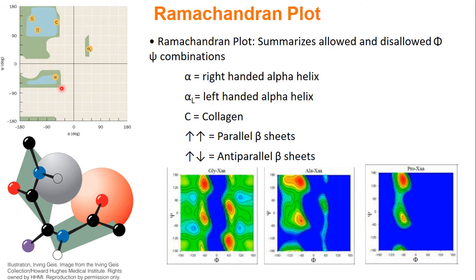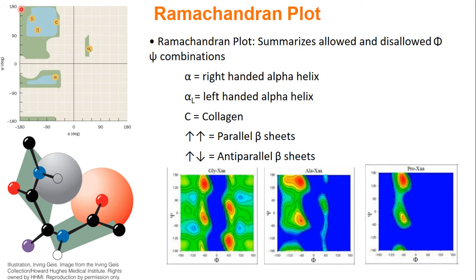So if your phi and psi angles lie in this region, that means you have a right-handed alpha helix. If your phi and psi angles, dihedral angles, fall in this region, you have a left-handed alpha helix. If they fall in here, you are looking at collagen.